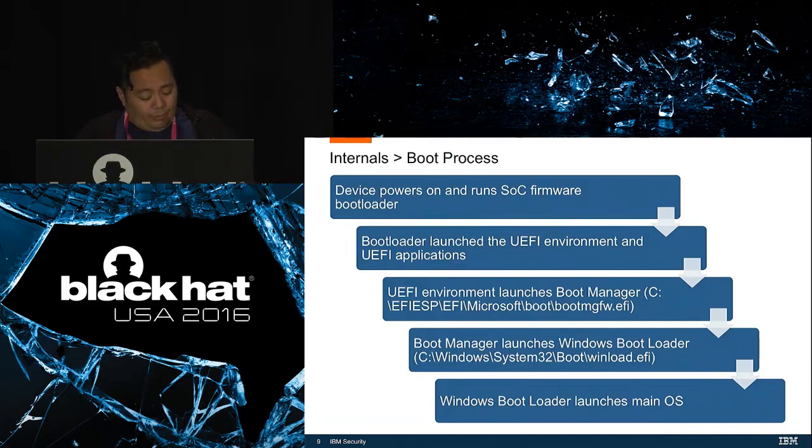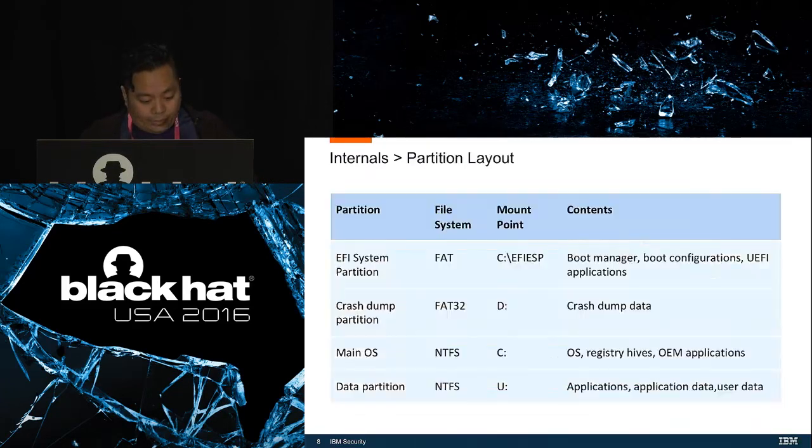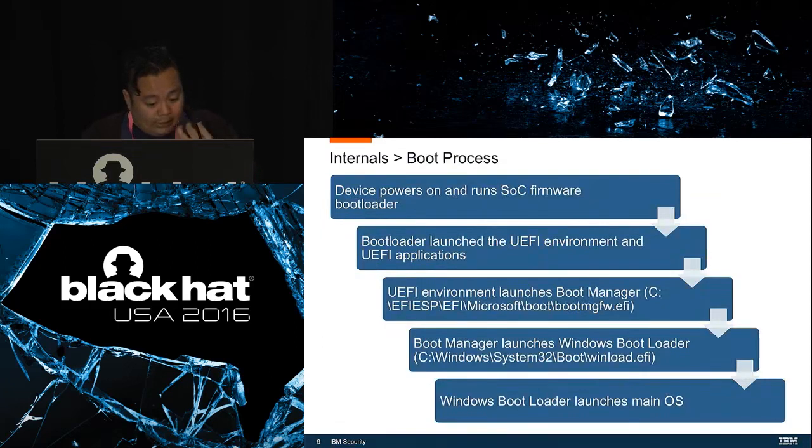Then this UEFI environment will launch the boot manager, which you can find in the EFI system partition in the folder EFI/Microsoft/Boot in the file bootmgfw.efi. This boot manager will then launch the Windows bootloader, which can be found in the system32 folder in the file winload.efi, and the Windows bootloader will then launch the main OS.